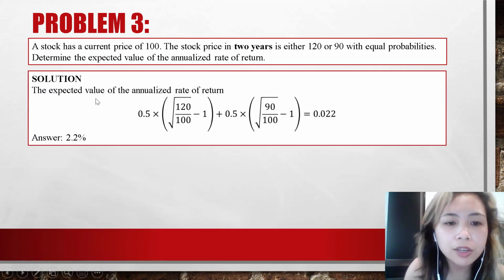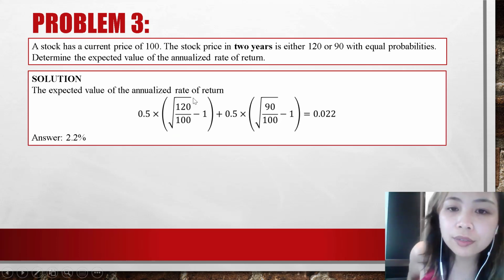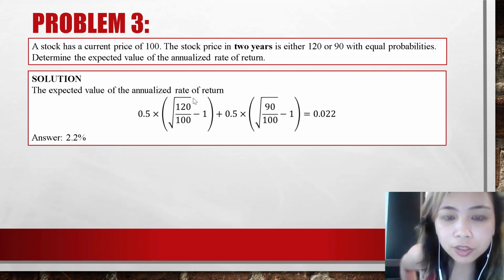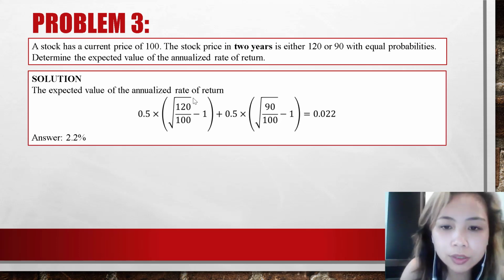The expected value of the annualized rate of return. The first case, we have to take the square root of 120 over 100, because when we take the square root, we basically find the factor in 1 year, and then we subtract 1 to find the rate.